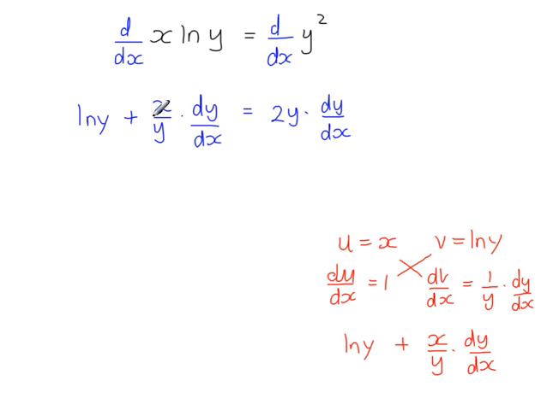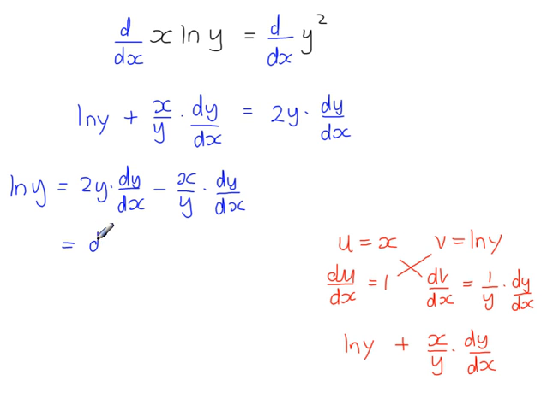And then keeping the dy by dx terms together on one side of this equation, we have ln y is equal to 2y times dy by dx minus x over y times dy by dx. Factorizing, so the dy by dx, taking that out, gives us 2y minus x over y.